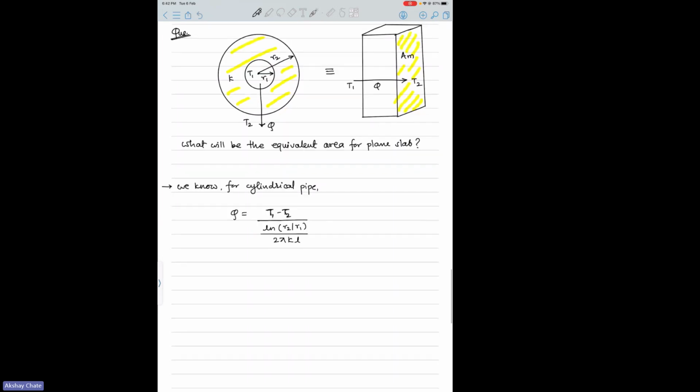Now you can do some modifications. You can take 2 pi KL in the numerator. Let it be like this, T1 minus T2, and this term is ln R2 by R1. Now multiply.